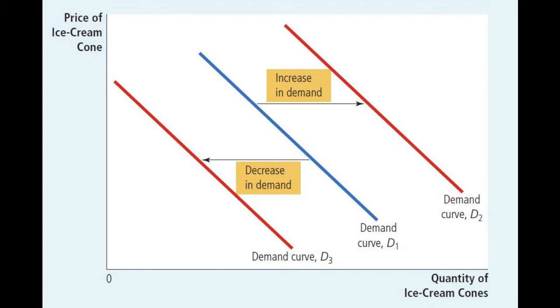Let's recall real quick before I get ahead of myself that when we shift demand, we are not moving along the demand curve. So a shift in demand is a change in this demand relationship caused by anything other than a change in price, right? So we're not talking about the price of the good. If that was the case, we would just be moving along that existing demand curve to new quantities demanded.